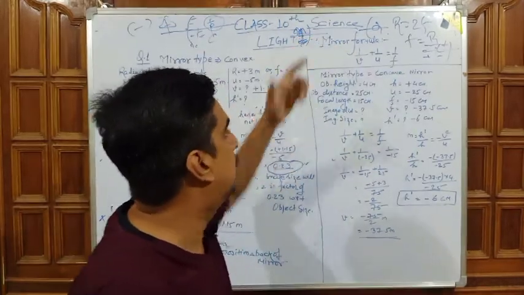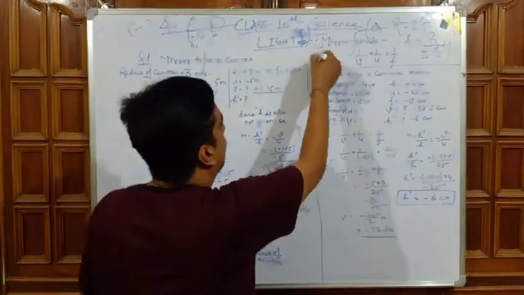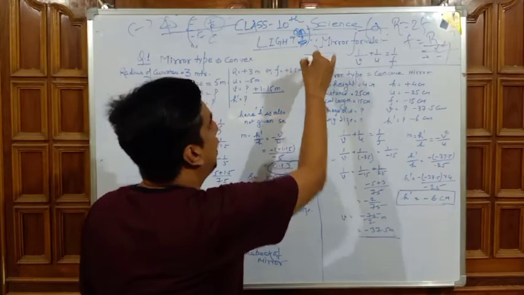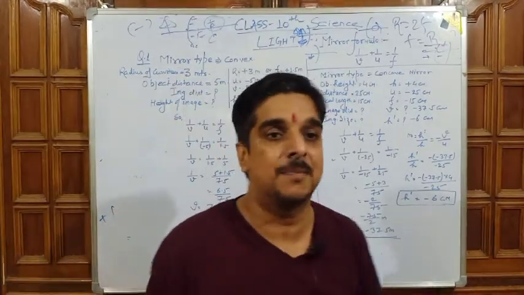If the image is in that position, it means height will be considered as minus 6.